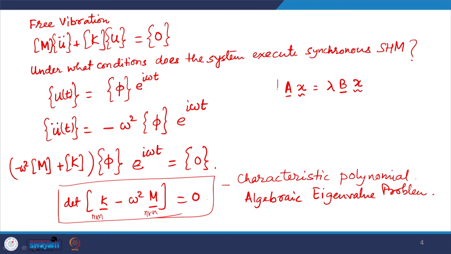So, this is what we call the generalized algebraic eigenvalue problem. The standard form is just A x is equal to lambda x, when matrix B is the identity matrix. In the structural dynamics problem, we have the stiffness matrix as one matrix and the mass matrix as another matrix.